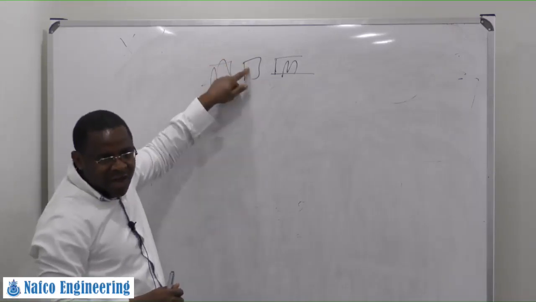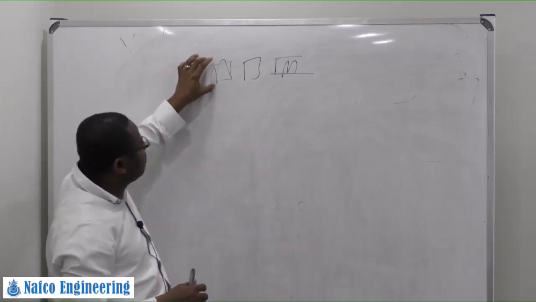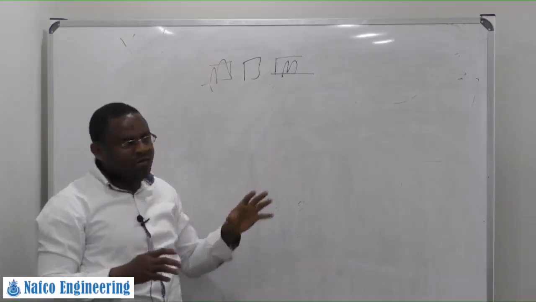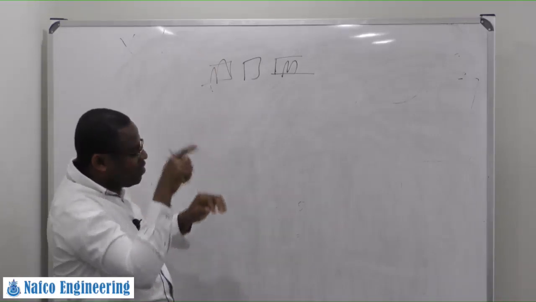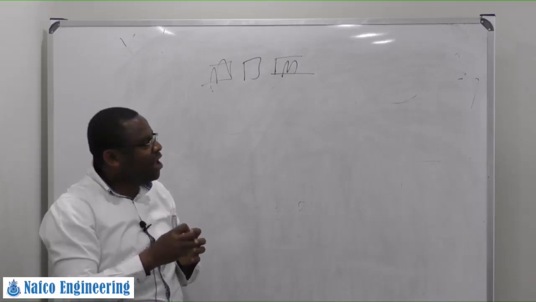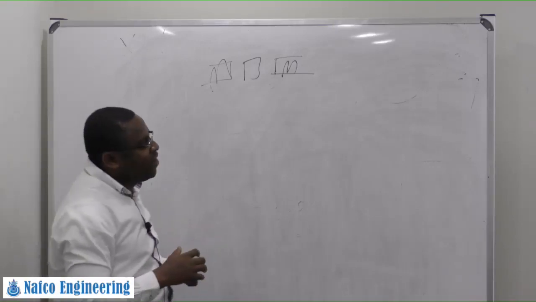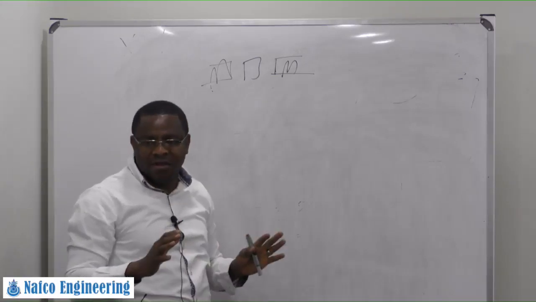So this guy must have his own flux from its own source, and this one must have its own flux from its own source. So as this is having a rotating magnetic field, this one can lock with it and rotate at the same speed of 120 F over P.